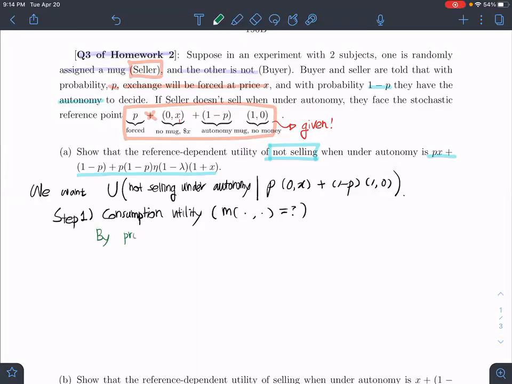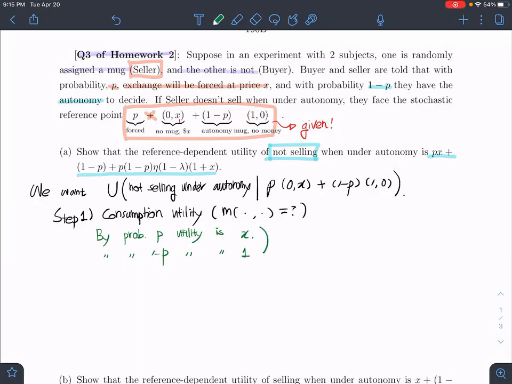By probability P, he is ending up with 0 mark and X amount of dollars, so his utility is X. The two dots mean the same thing as the line above. By probability 1 minus P, his utility is 1.